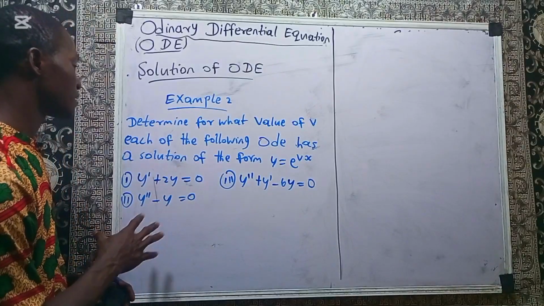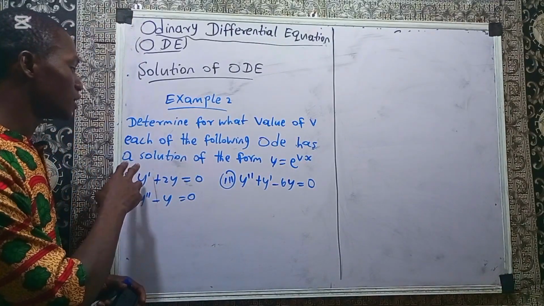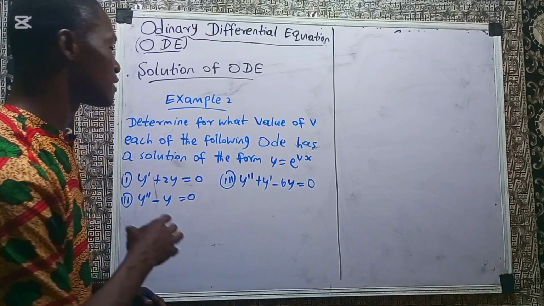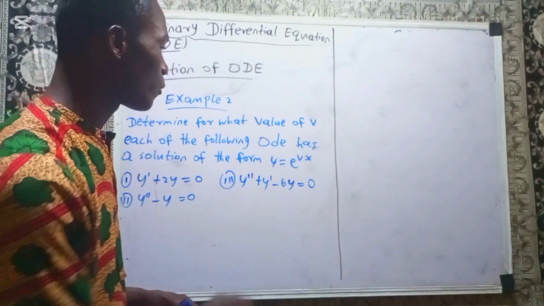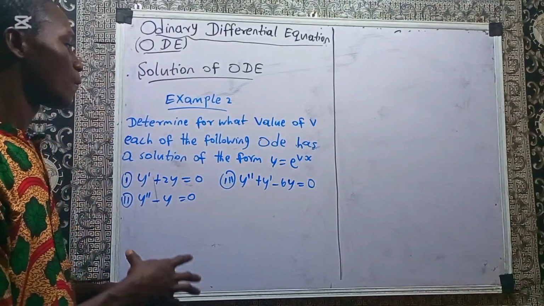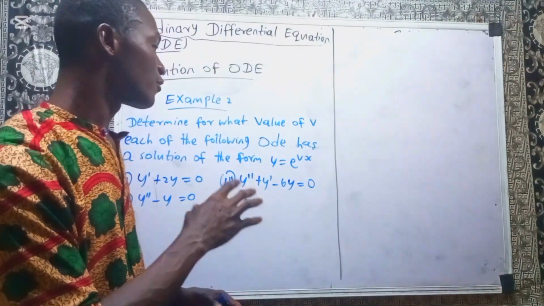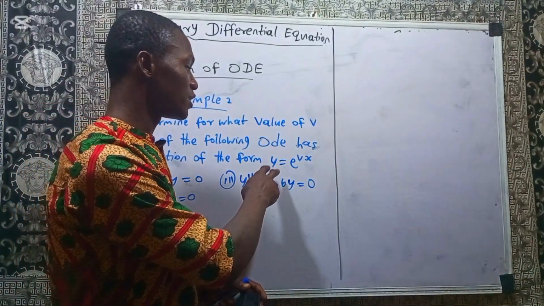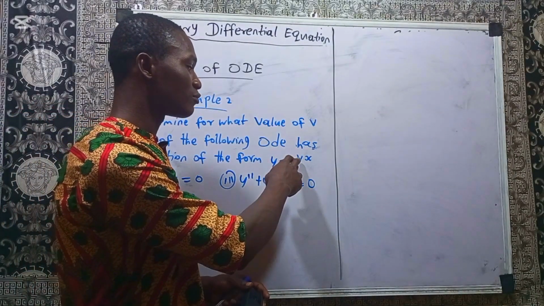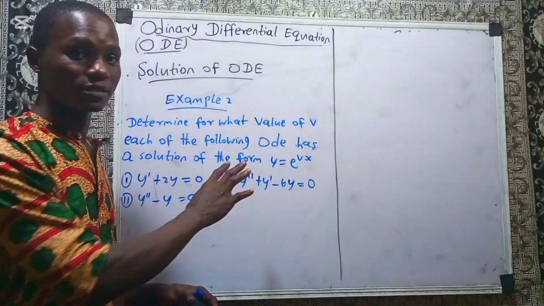Now we are having this example. They ask us to determine for what value of v each of the following ODE has a solution of the form y equals exponential vx. So in this question, they have already told you that a solution of the form y equals exponential vx will satisfy these ODEs.